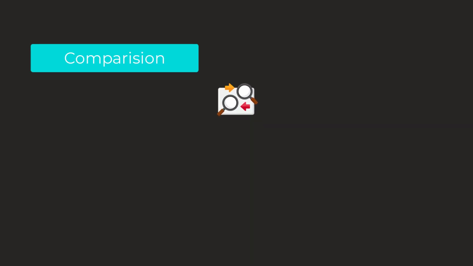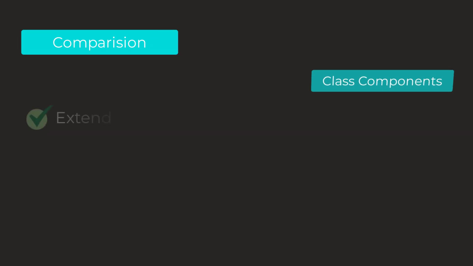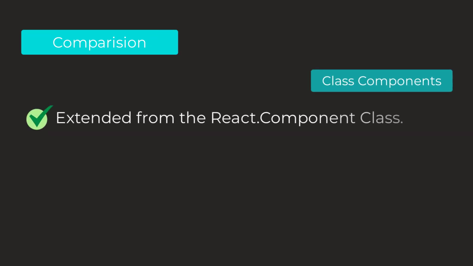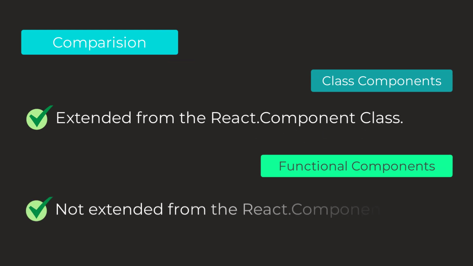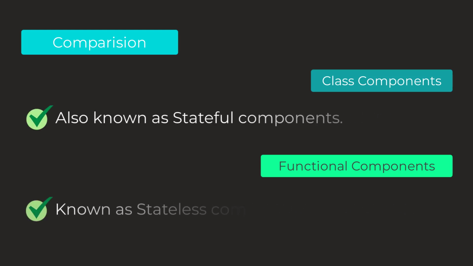Let's now talk about the difference between the class components and the functional components. Class components are extended from the React.Component class, while functional components are not extended from any React.Component class. Class components are also known as stateful components, while functional components are known as stateless components.